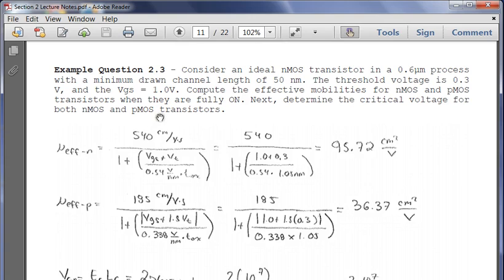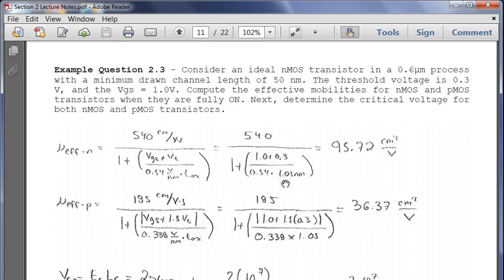So we start with our given equation, 540 centimeters squared over volt-second, divided by 1 plus the quantity gate source voltage plus threshold voltage over 0.54 volts per nanometer times the thickness of the oxide. Now, solve this.